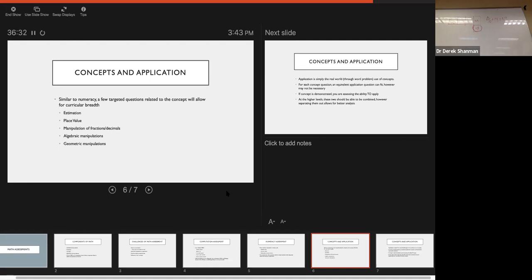I'm telling the child what to do. However, if through my word problem, I give a situation that requires estimation, and I say, figure this out, and you have to figure it out by estimating, then I am saying, can you, in a real world situation, apply this concept in a meaningful way?